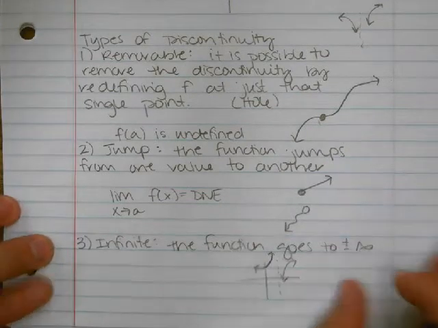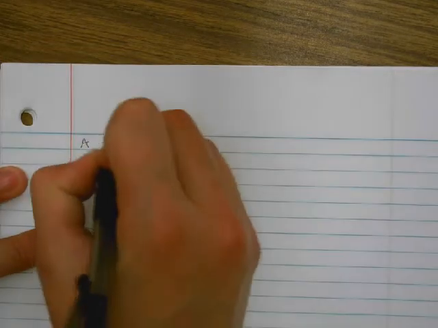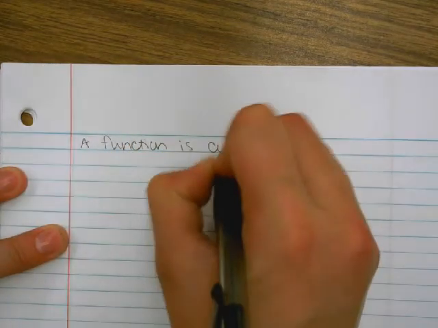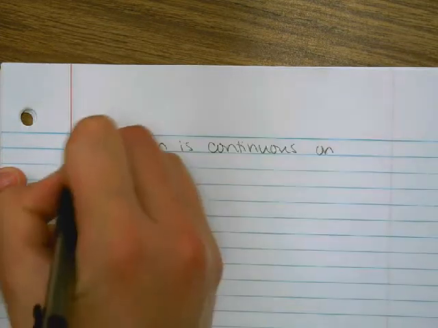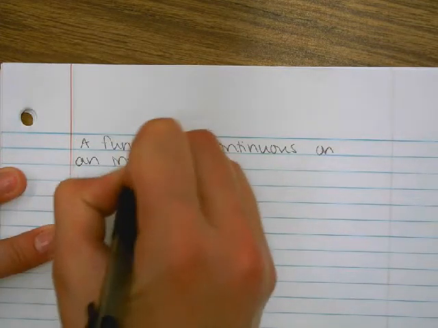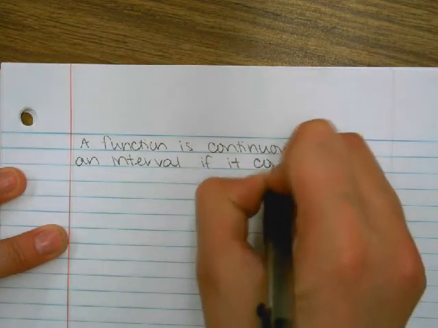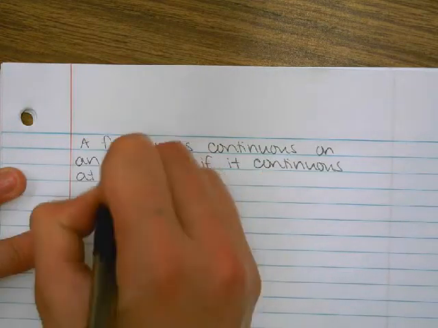All right. So also in your notes for continuity, a function is continuous on an interval if it is continuous at every number on that interval.